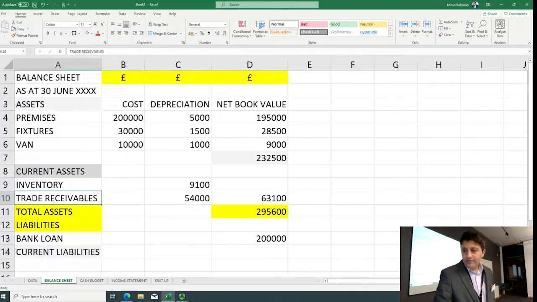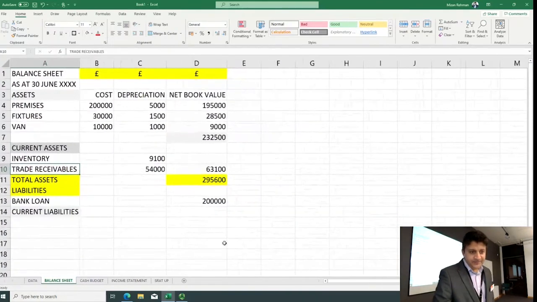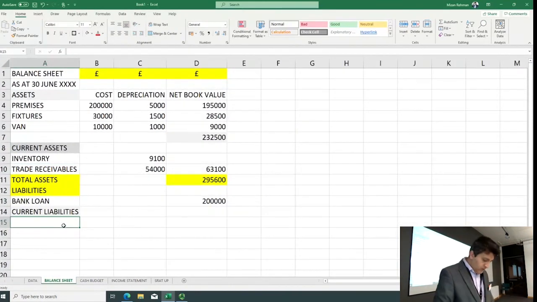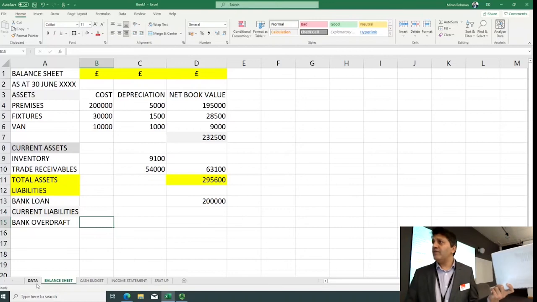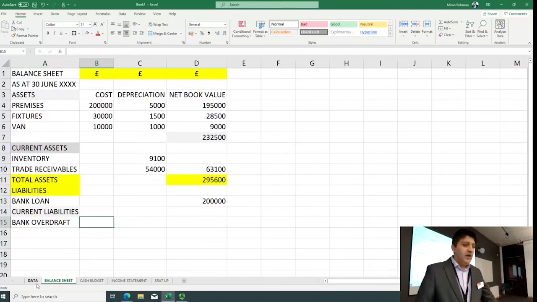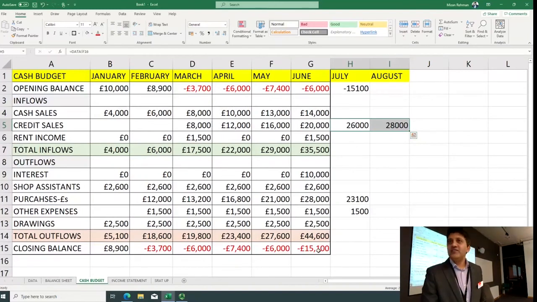What do we have? What do we have, guys? First of all, bank overdraft. The question does not say that she has a bank account. Yeah. But the question is that if you have a negative cash balance, it can only be in the bank.